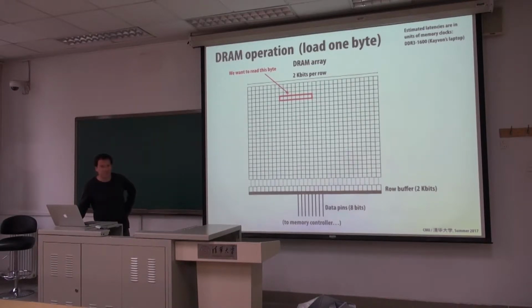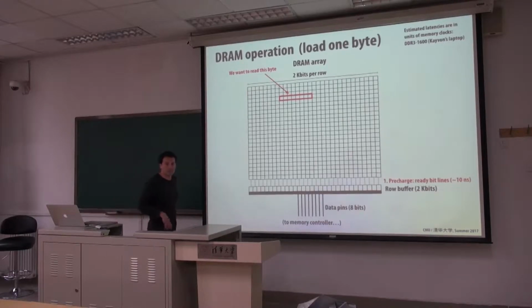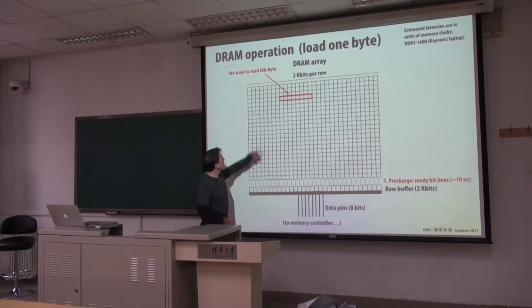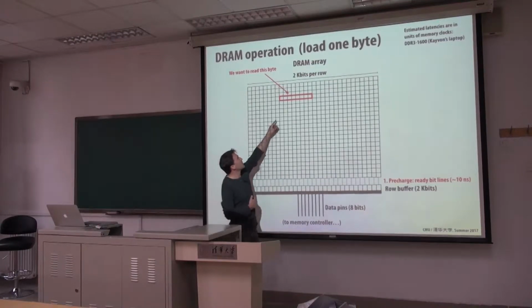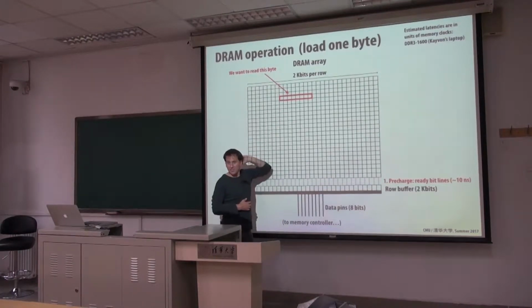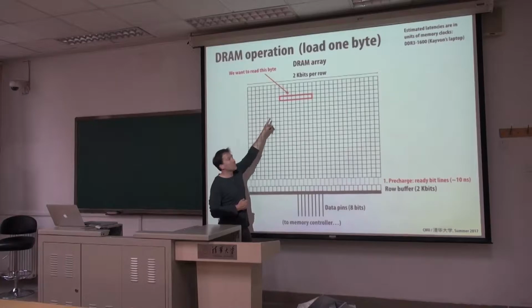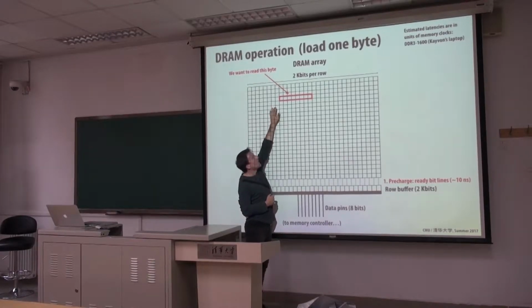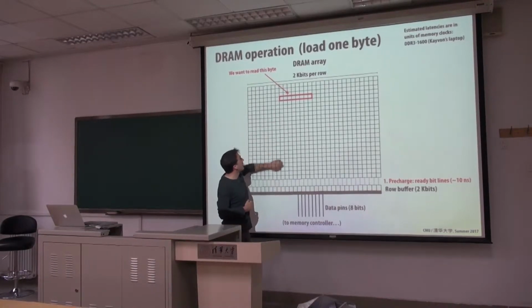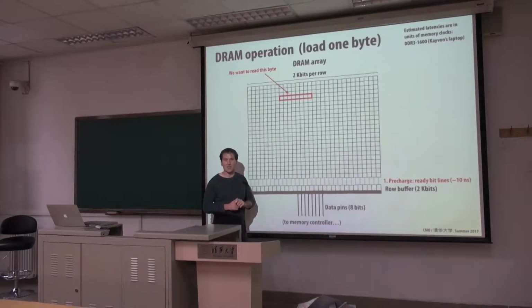So the first thing is an operation called pre-charge. Running down every column in the DRAM chip is a wire. What we're going to do is read the charge, the voltage in a capacitor, and that's going to change the voltage on the wire that connects up to the capacitor.